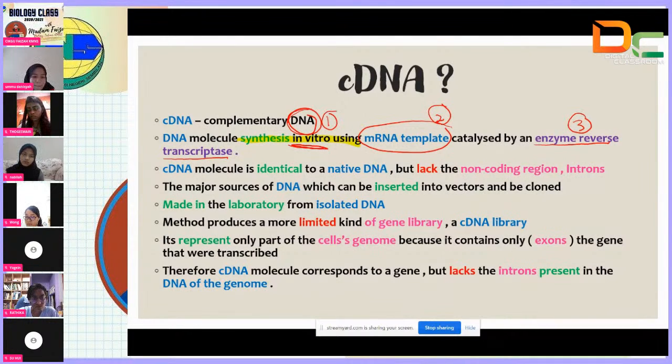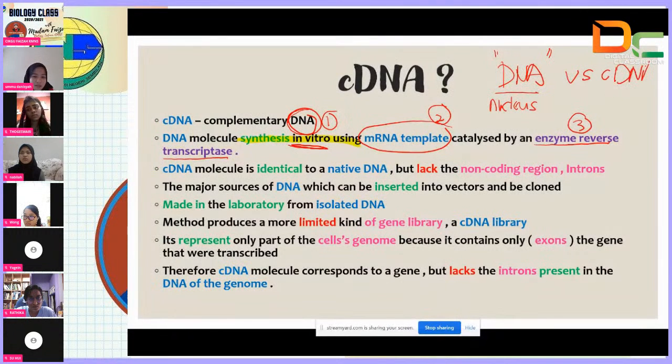Okay, so your slide is so informative, but teacher would like Umu to recap. In order for your friends to understand this complementary DNA, what is the difference? The molecule of DNA is in the nucleus in eukaryotes, and in the nucleoid region in prokaryotes.